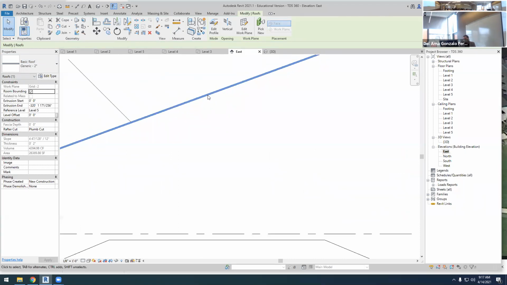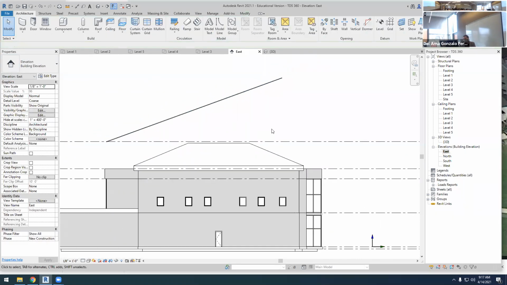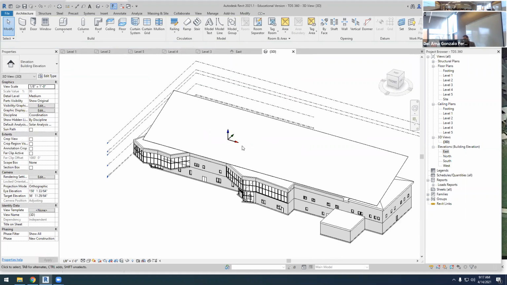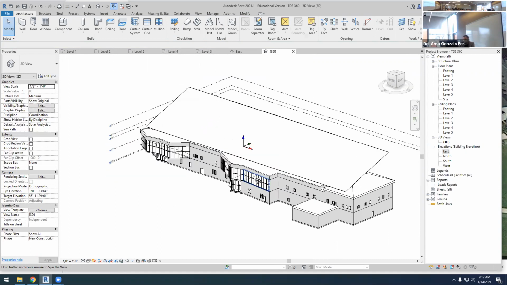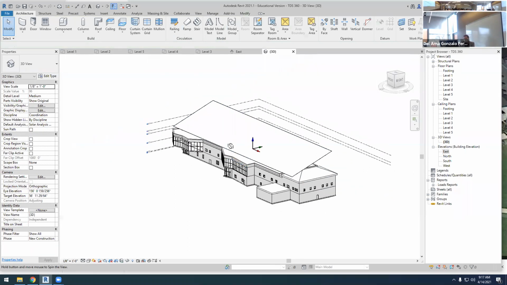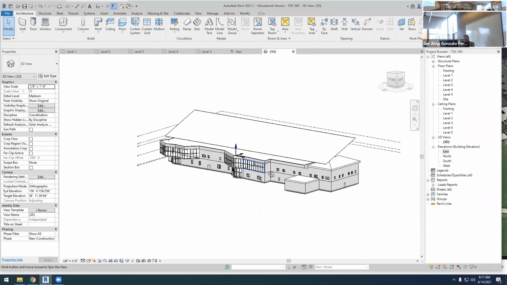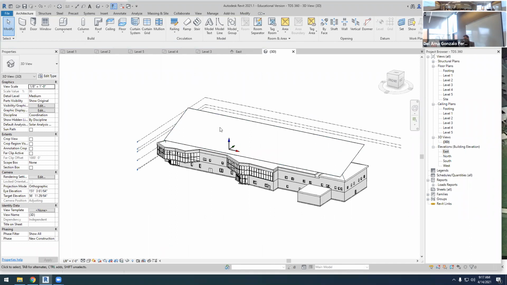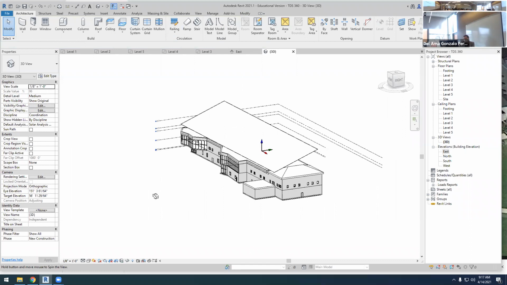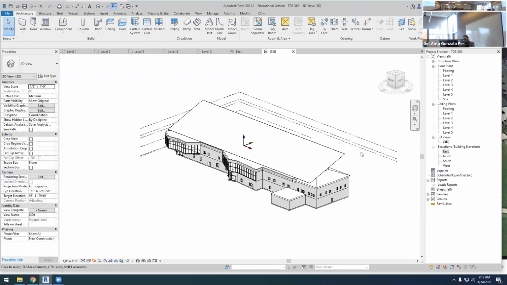I want this roof just to fit the PV panels, or just to perform this PV array. When we talk about the PV potential, if we had this PV array, so this is the PV potential. This is the footprint of the building, and this is the maximum area that we can have.